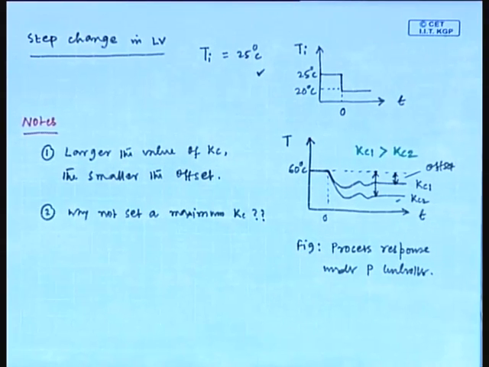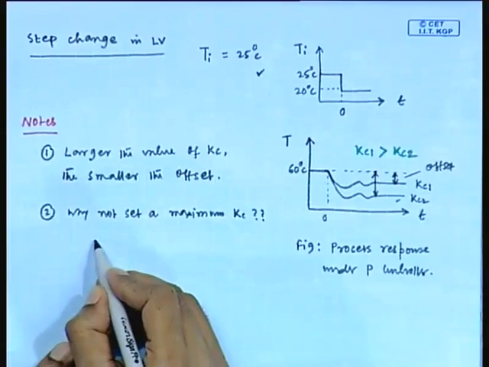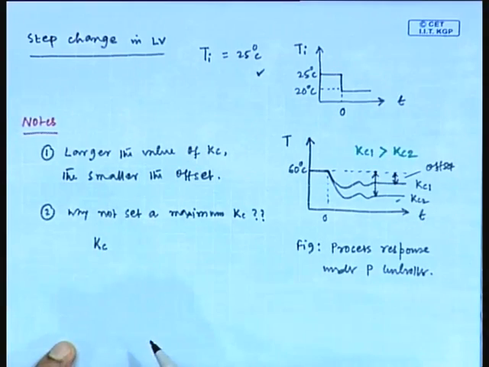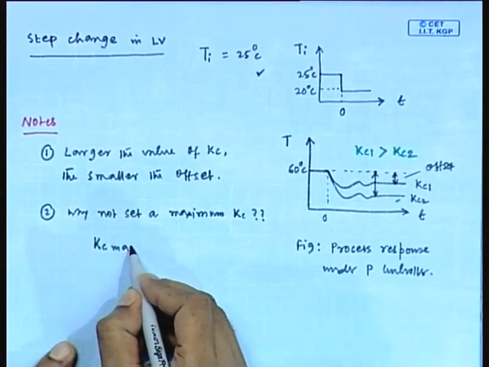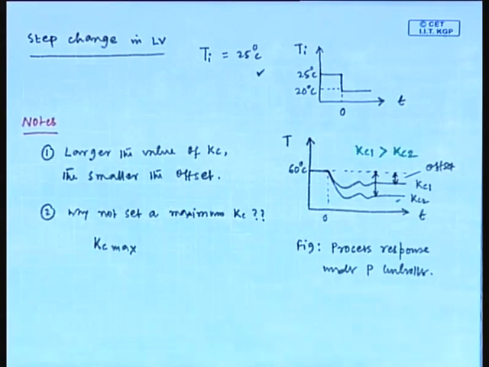For most of the processes there is a limit of Kc. For most chemical processes there is a maximum value of Kc that we can represent by Kc max.